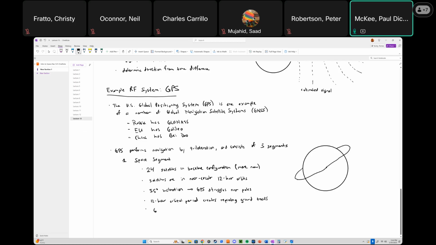There's also 6 fully spaced planes with 4 satellites each. So I'm going to struggle to draw 6 of these, but you can imagine that here's the first one, but then there's also another orbit which kind of goes more like this.